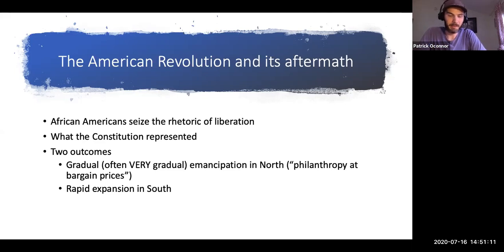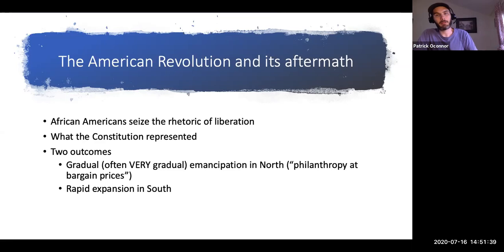Okay, so it's not as grand and idealistic as maybe we tend to think it is. And if you read the document, as you did a little bit last week, you'll quickly get that sense. So this is the end of the Revolutionary period, and we're moving more fully into this early national era and deepening some of the trends of the middle period of American slavery here.